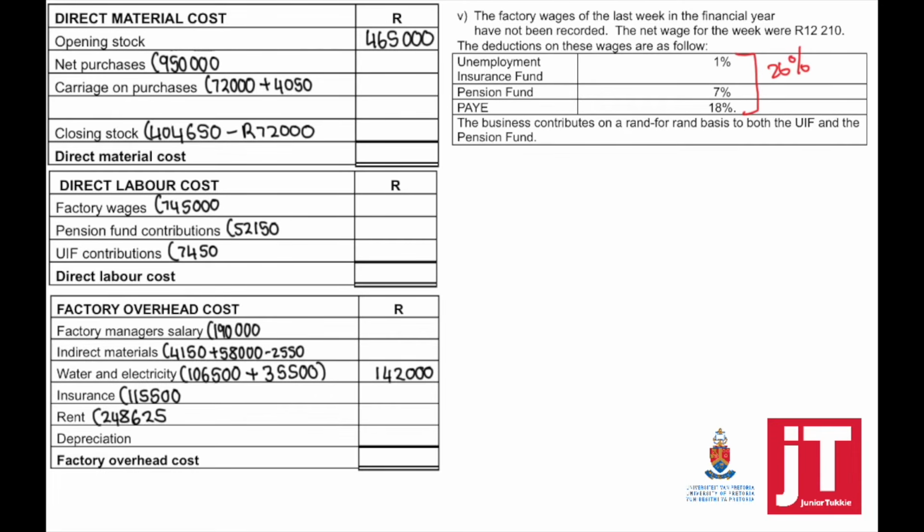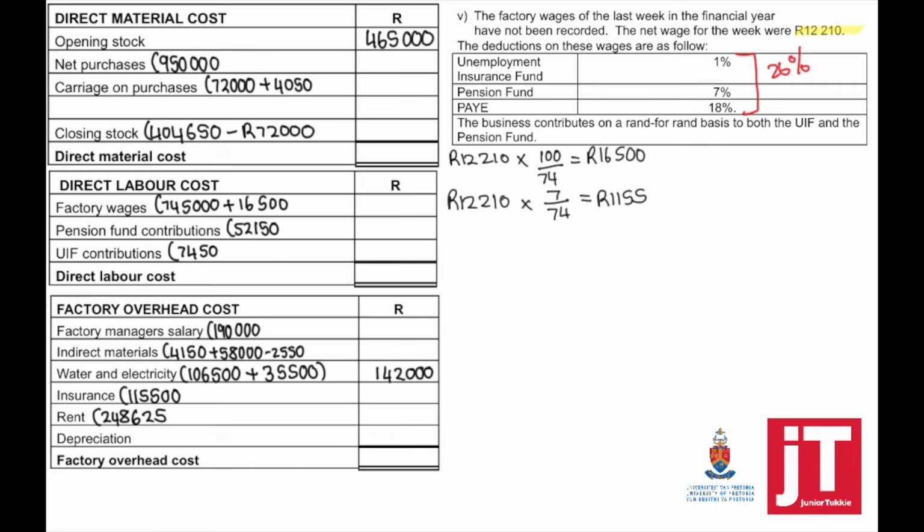So if I look at the percentages, it equals 26%. So 100 minus 26% means we need to take the net and we're going to say times 100 divided by 74, because we want to know what is the gross wage. That will be added to the factory wages indirect labor cost.